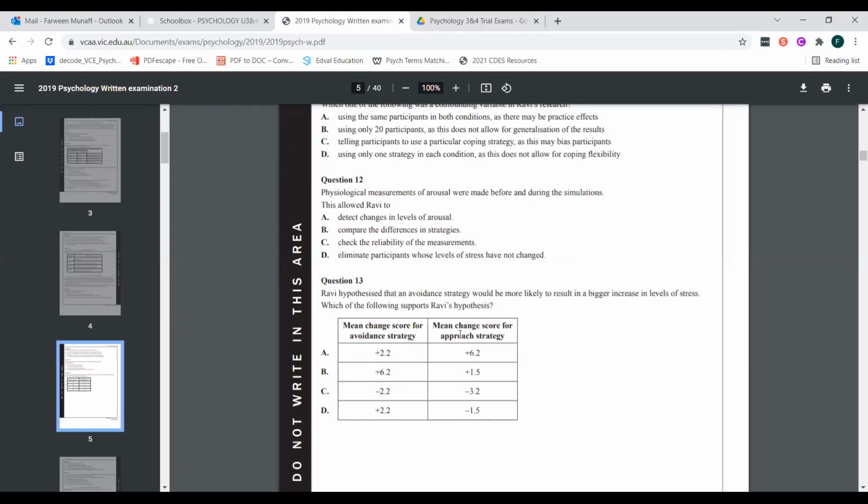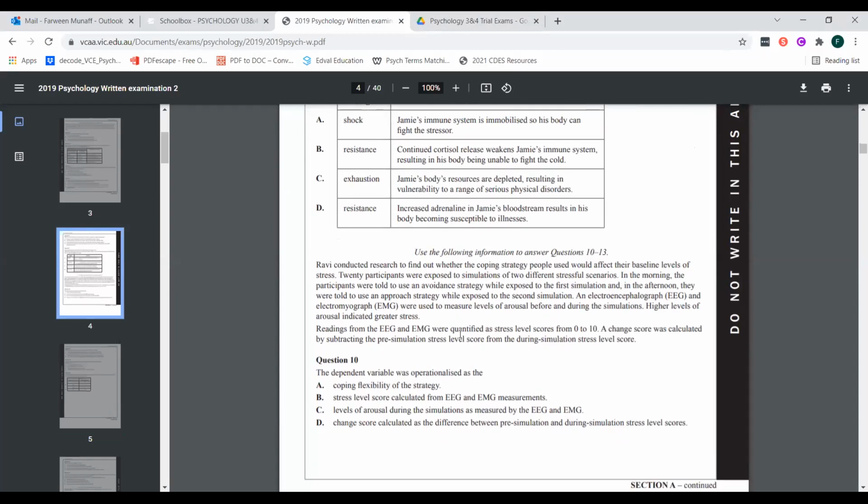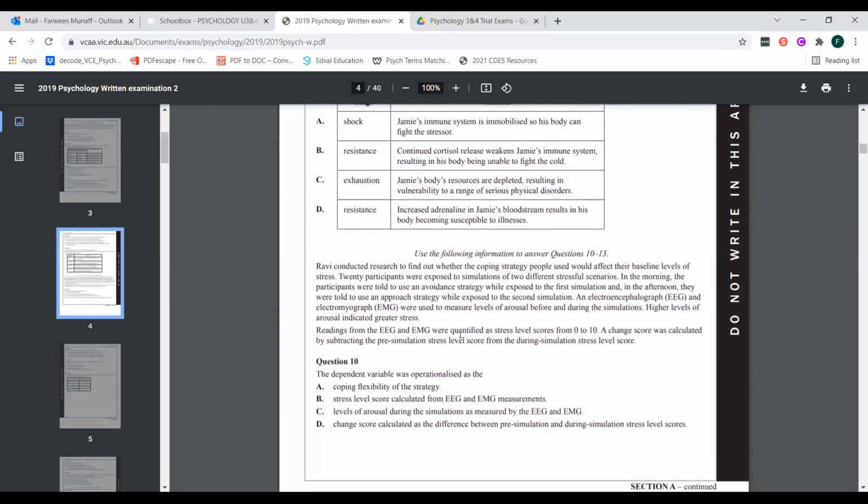Okay, so this is part of a research scenario. I'll just go through it quickly. Ravi conducted research to find out whether the coping strategy people used would affect their baseline levels of stress. 20 participants were exposed to simulations of 2 different stressful scenarios. In the morning, the participants were told to use an avoidance strategy while exposed to the first simulation, and in the afternoon they were told to use an approach strategy while exposed to the second simulation.